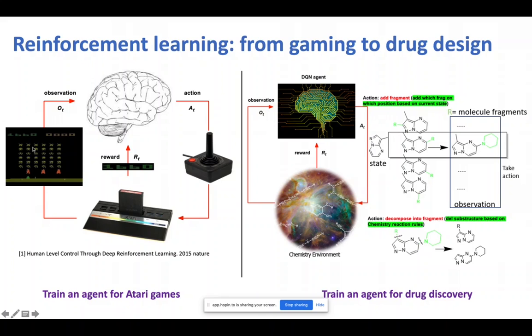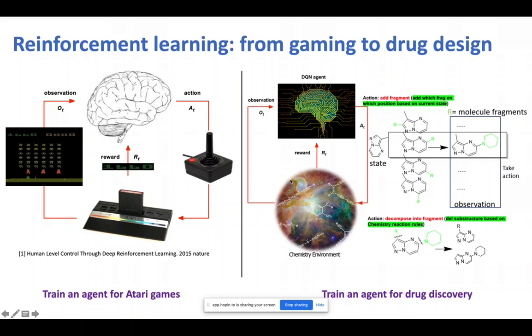That is whether you are in a winning position or what action would likely lead to a winning position. And then this is the agent to train a model so that your action, or in the machine learning term, it's called policy, is more likely to be successful. We do the same here, except that we do it for drug discovery.